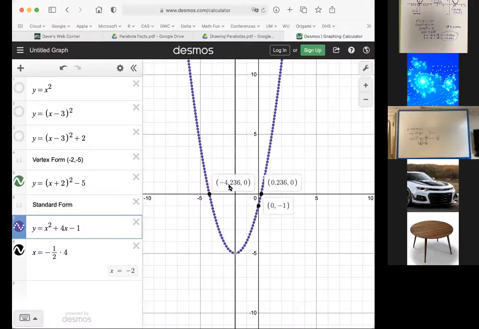So you could see the -4.236 and the -0.236. These are the x-intercepts. The y-intercept is that 0 and -1. You get all these points on the parabola for free. And you can fill in others with symmetry.